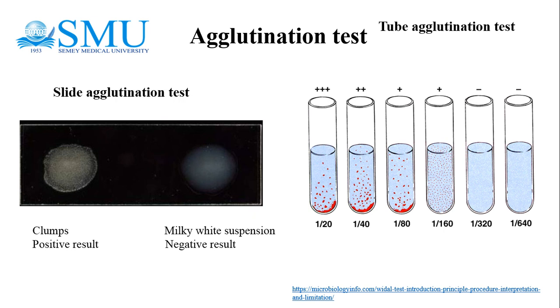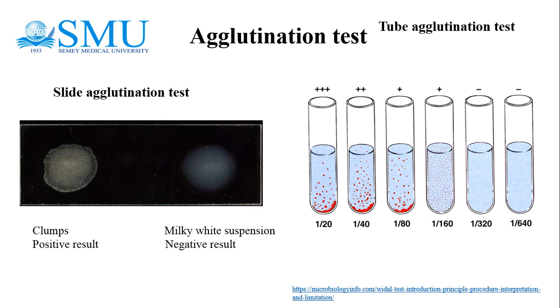A positive result is indicated by visible clumping with clearing of the suspension, or if the milky white suspension remains unchanged, it indicates a negative result.